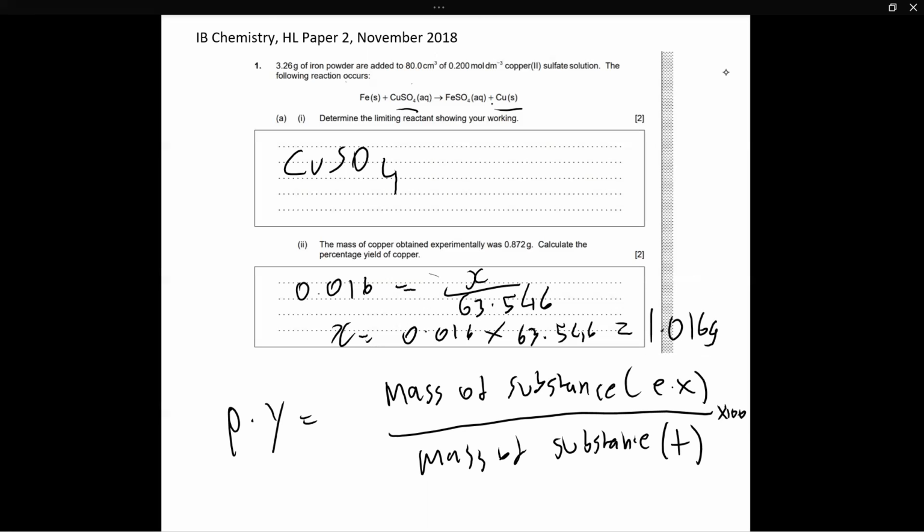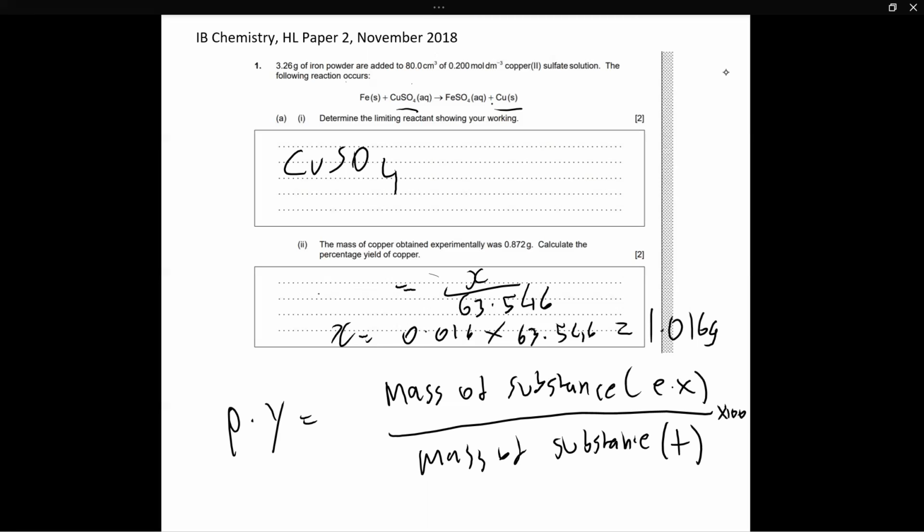However, as you can see, it is not the same as the experimental value. Our experimental value is less than our theoretical value. And the reasons I had given you earlier about why there's a difference between the experimental and theoretical value explain why the mass of copper obtained experimentally is lower than the theoretical value.